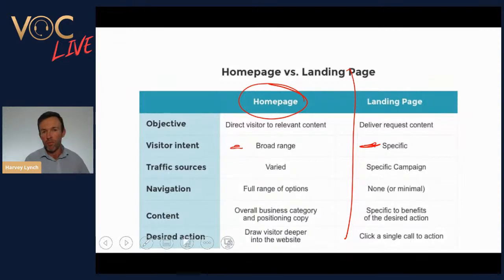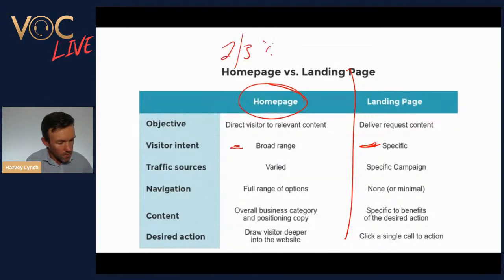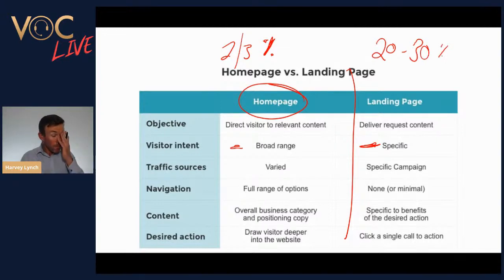The average website, and I'm not talking about e-commerce or sites that sell directly off the website, will convert at about 2 to 3%, right? As opposed to a landing page that can convert between 20 to 30%. A huge difference, because the landing page has specific intent, right?